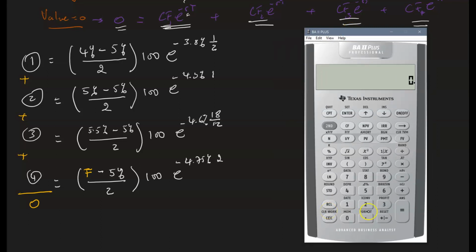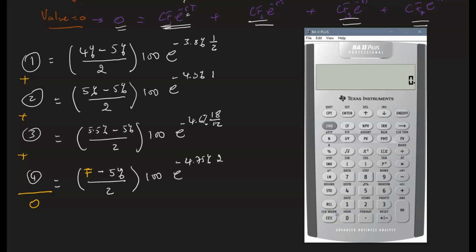So with the first one, I have 4 minus 5 equal divided by 2 equal, and that's 0.05%, so that's 0.005. I'm going to multiply that by 100, equal 0.5. Alright, that's 0.5 that I'm going to multiply by the exponential term there.